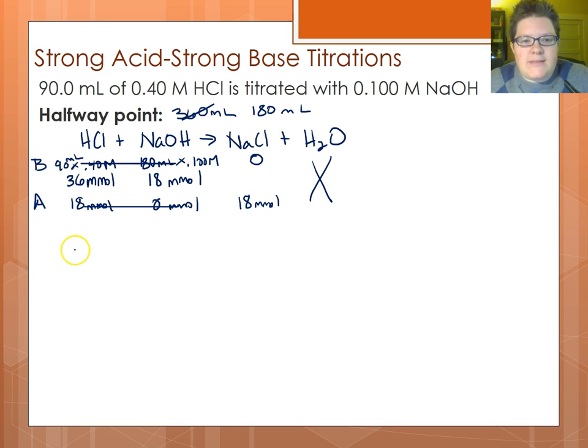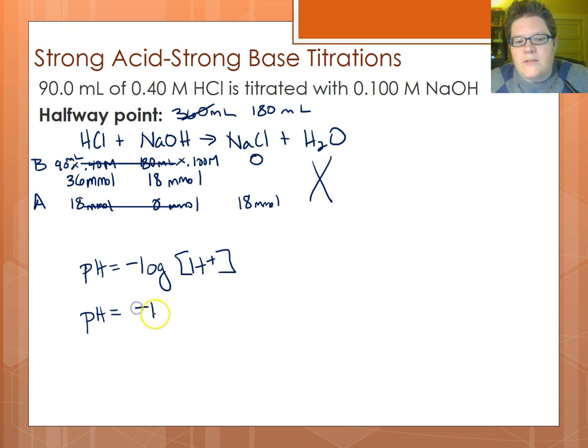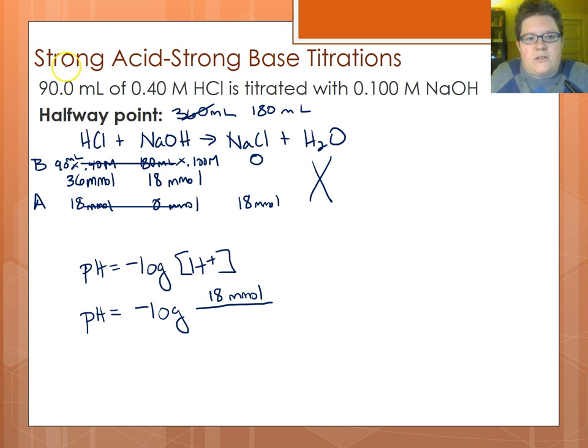All right. Okay. Almost there. The last thing is we need to find pH. So pH equals the negative log of the concentration of H+. And so my H+ is coming straight from my HCl. And so all I have to do is find that concentration. And so what I know about concentration is that it's moles per liter. So what I have is 18 millimoles. And then I have a solution that is changing. It's going to consistently change. So I started with 90 milliliters.